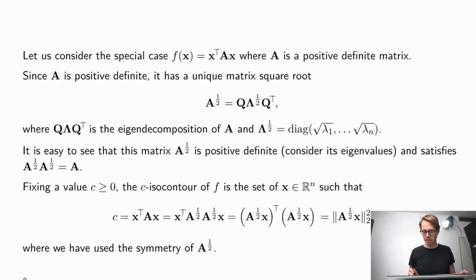Now we know that because A is positive definite, A to the power of 1/2 is positive definite, so A to the power of 1/2 times x is always a non-zero vector unless x itself is 0. Thus, this term is larger than 0, which means that x transpose A x is positive.